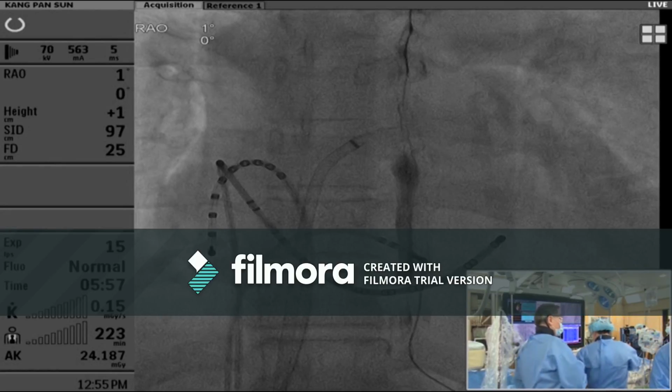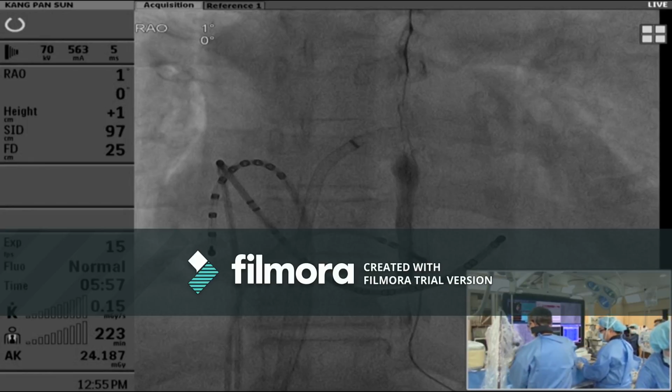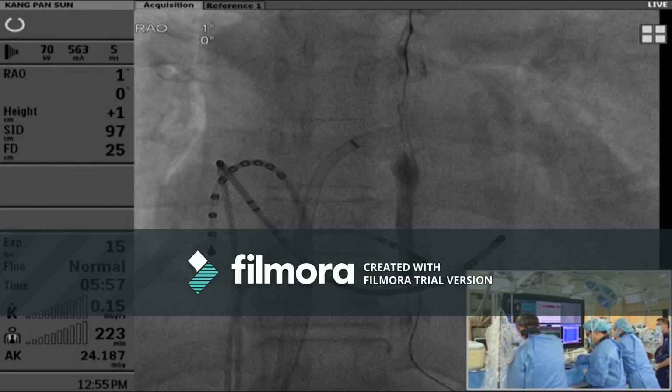And give the heparin. We already gave the heparin before transseptal. And then the second puncture is the same as the first.